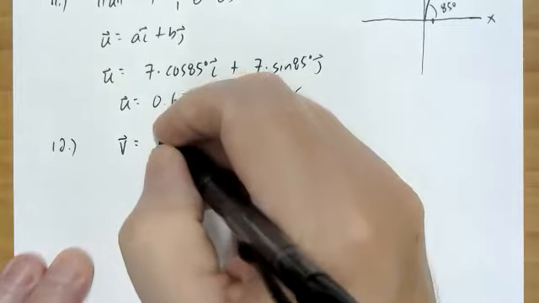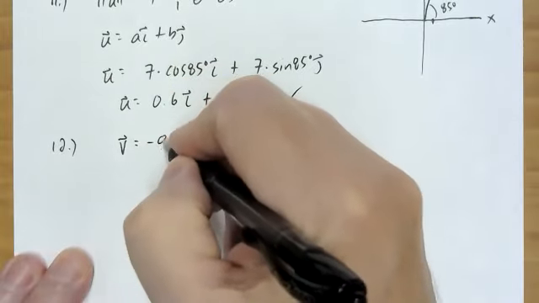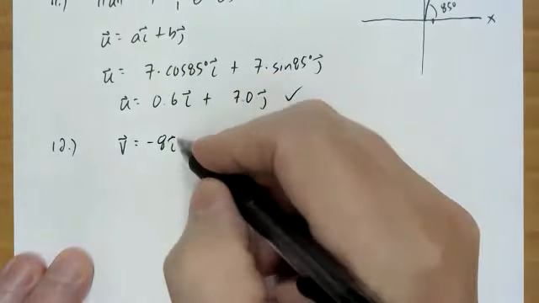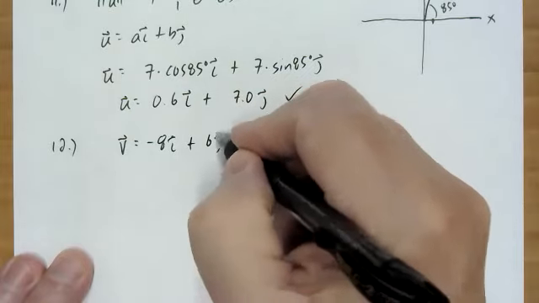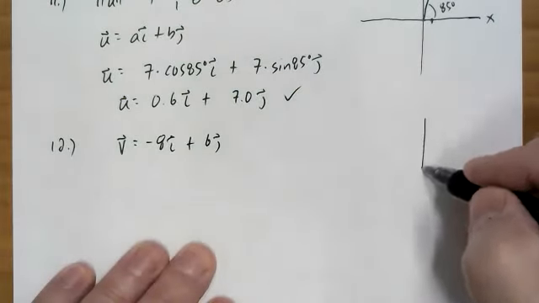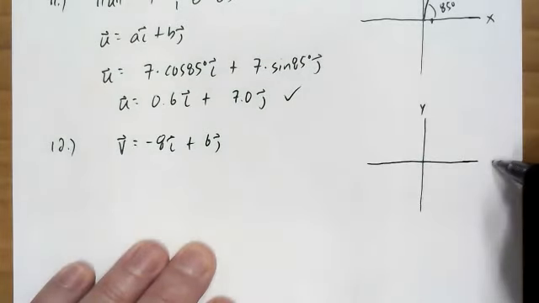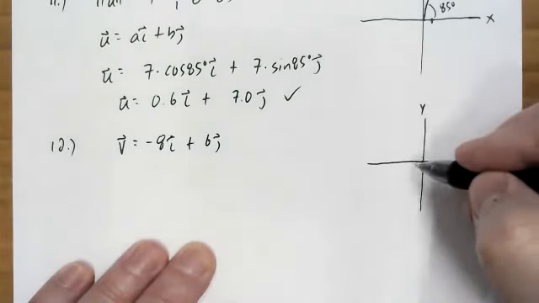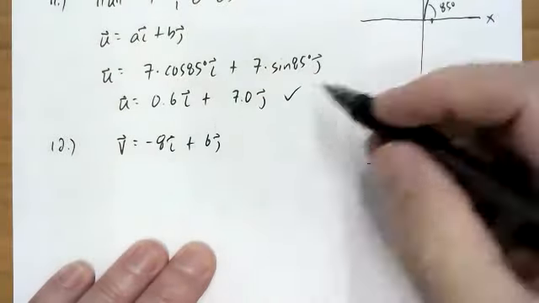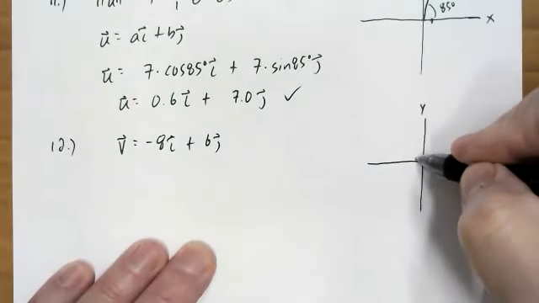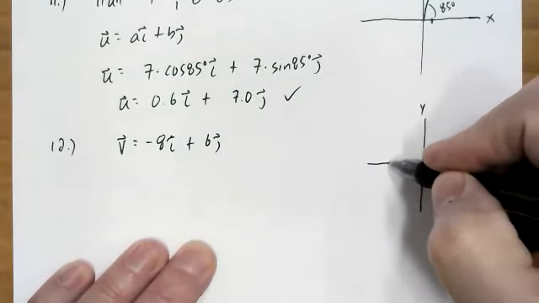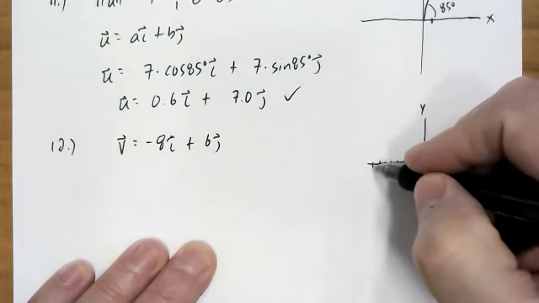So here's the vector we're given, vector v, which is negative 8i plus 6j. I'm going to make a quick sketch of that. So negative 8i means negative 8 in the x direction. So 1, 2, 3, 4, 5, 6, 7, 8.